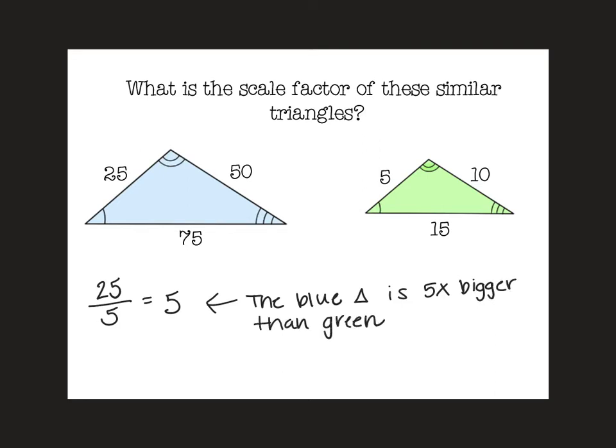Some of you did it the opposite direction, still completely correct. You said, okay, 5 over 25 is 1/5, and all that means is the green triangle is 1/5 the blue one.